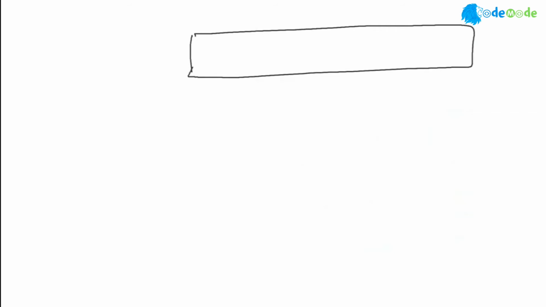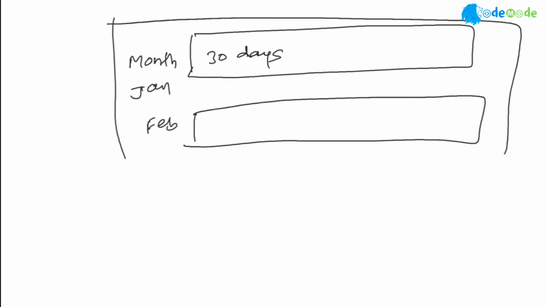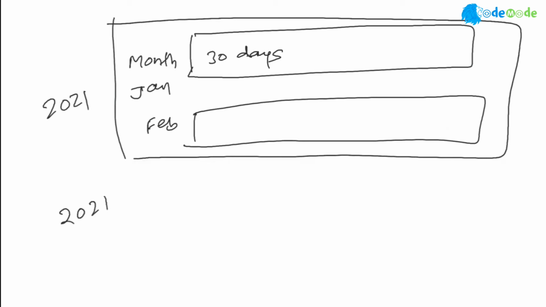But there is even a three-dimensional list, right? Suppose you have, this is 30 days data. And this is for 1 month. Month is Jan. Then you have Feb, right? This is second month. And then this whole thing is 2021. Now you want 2020 data also.